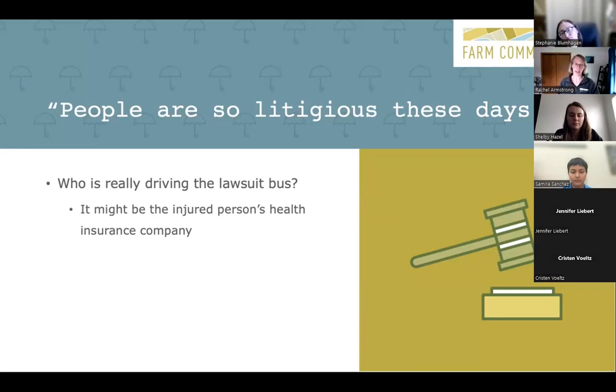It's not necessarily that we can't trust anyone to take responsibility or to accept the risks of eating a cantaloupe anymore. There's a little something else going on. And this might make you feel better, or it might make you feel worse. It is often not the injured person who is driving the lawsuit bus. It is actually their health insurance company.